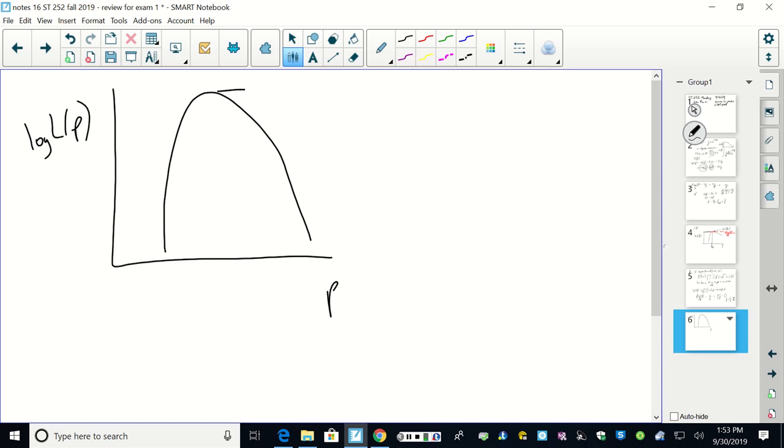And we want to find the place where the slope is 0 at that tangent place here. And we map that down to here, and there's our p hat MLE. The point that leads to that maximum is what we're doing. And then describing a bootstrap. So for this one, we kind of only have one.